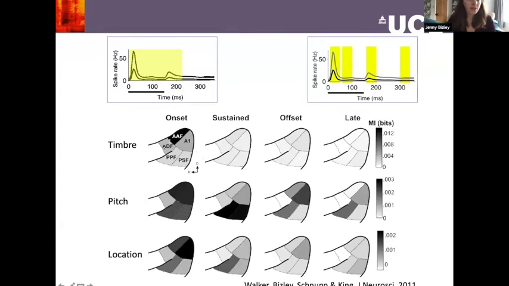Pitch is also present in the onset, although you'll note there are quite different scales here. So the information about pitch is quite significantly less than about timbre at the onset, and it's most strongly represented in the sustained response in secondary cortical fields. And location is also quite onset dominated.